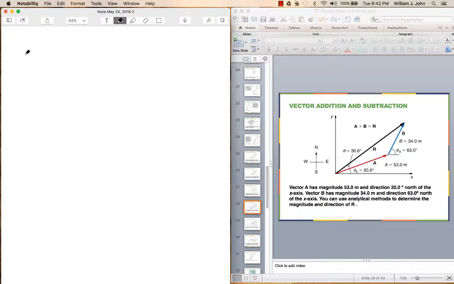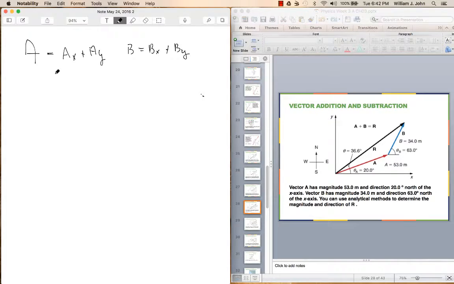So we know that vector A is divided into AX plus AY, and then vector B is equal to BX plus BY.